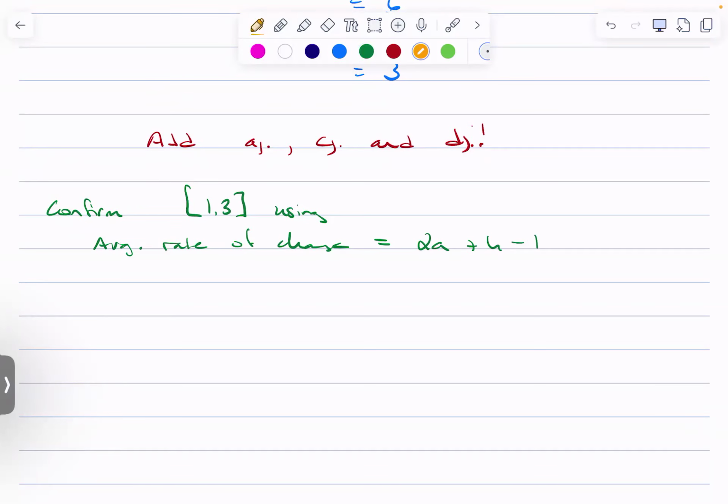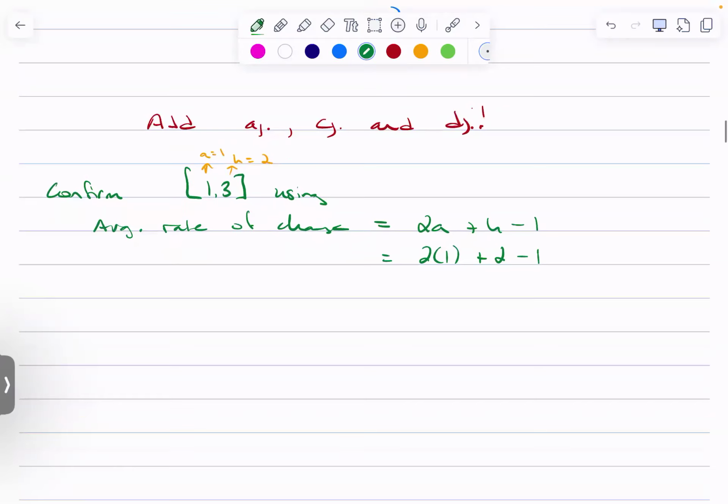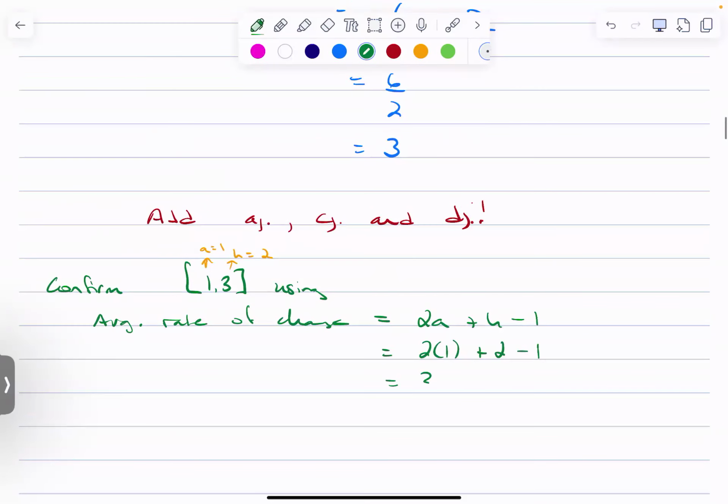Here, a is 1, and a plus h is 3, so h is 2. Now I have 2 times 1 plus 2 minus 1: 2 plus 2 is 4, minus 1 is 3, which is the same as what we found.